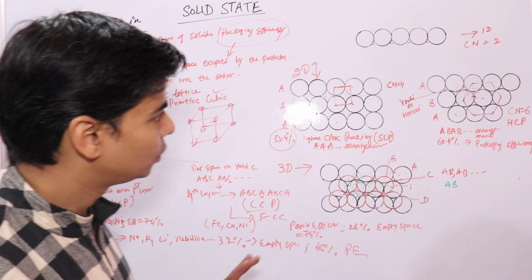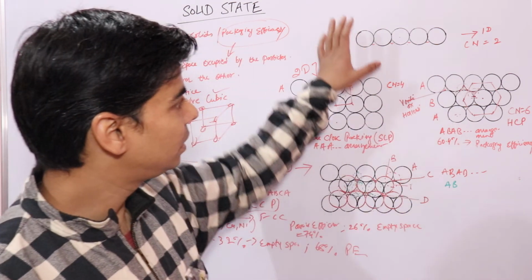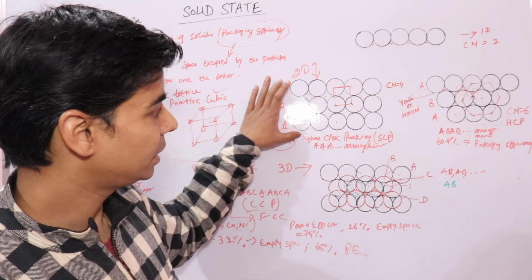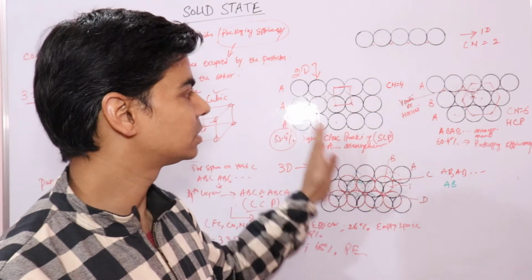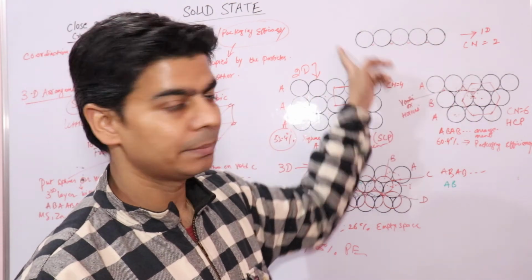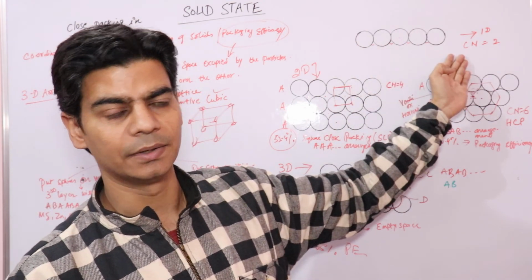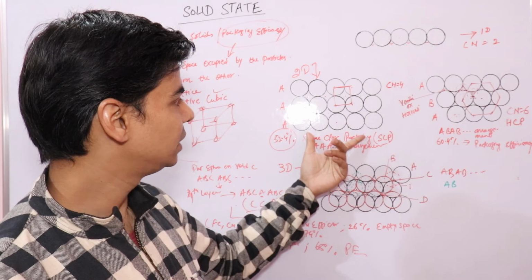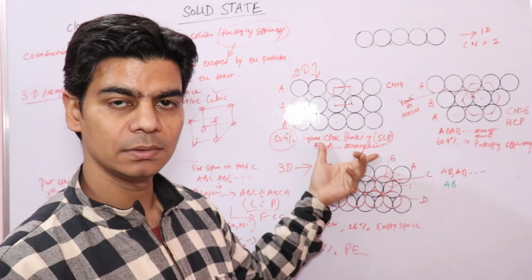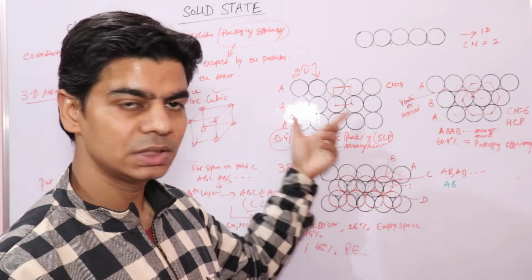So just go through this and understand how we build the second layer, the two-dimensional structure, from the one-dimensional structure. The one-dimensional structure is where we place spheres side by side. Then there are two types of arrangements to build 2D structures.